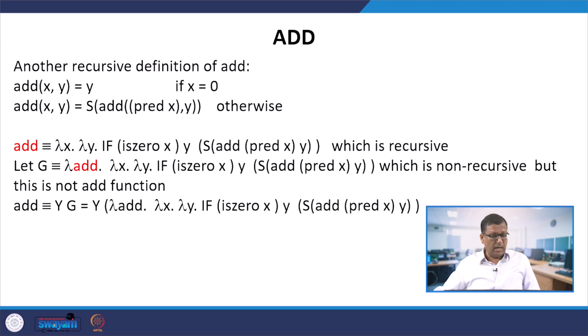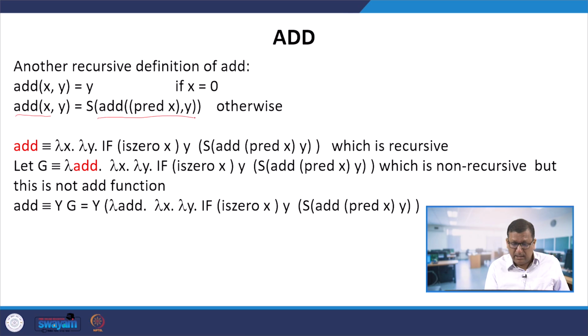Now we can write this recursive function another way also. We will have add on the left hand side, we will have add on the right hand side. But just now, instead of applying the two functions to the two arguments, I will do add as before, but I will now apply the successor on the outside.